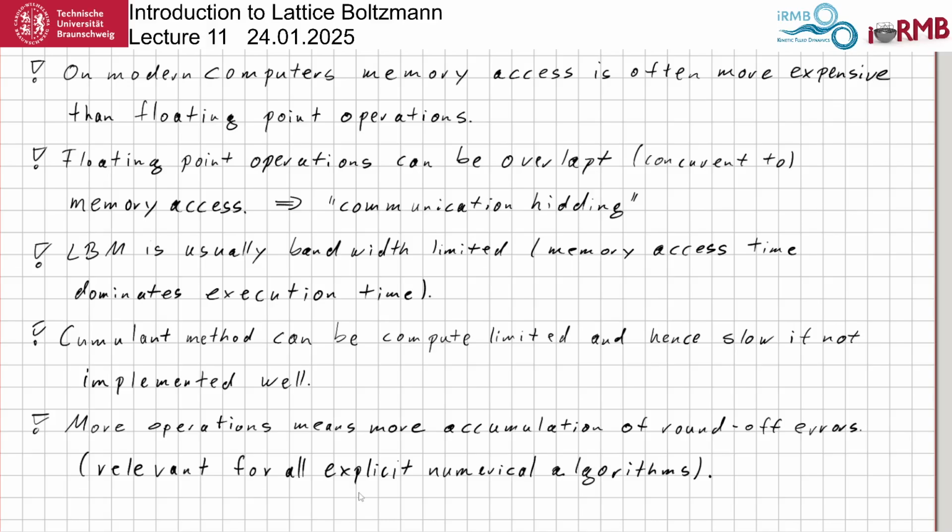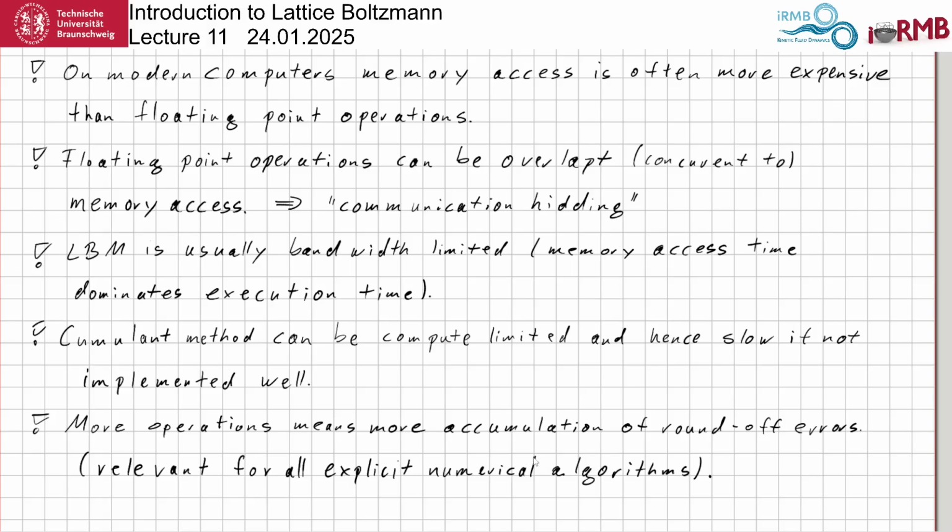Whereas if you have explicit methods, for which the Lattice Boltzmann is an example, you never have a correction step. Whatever error you make, you will keep forever. And this is also true for other explicit methods: the accumulation of round-off errors due to having many operations is a very serious problem for the Lattice Boltzmann method.